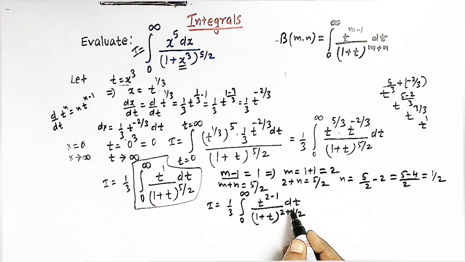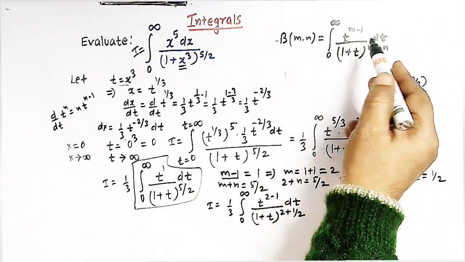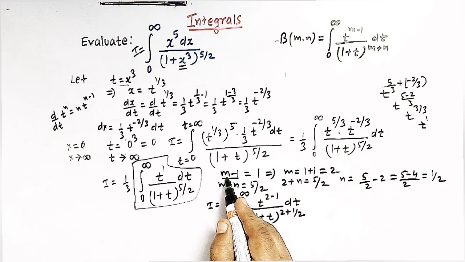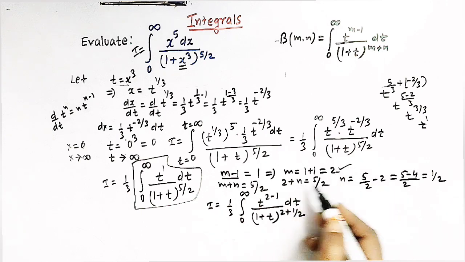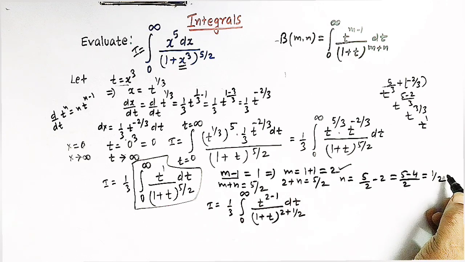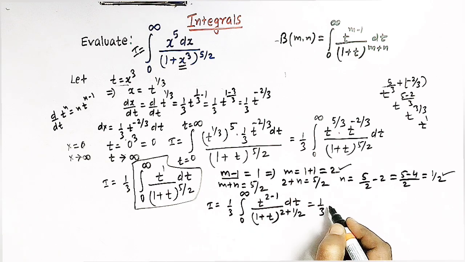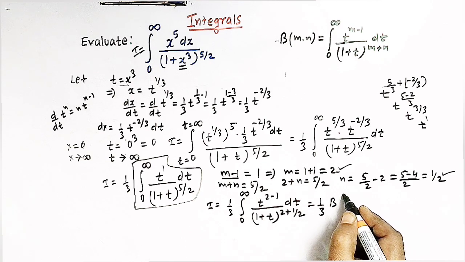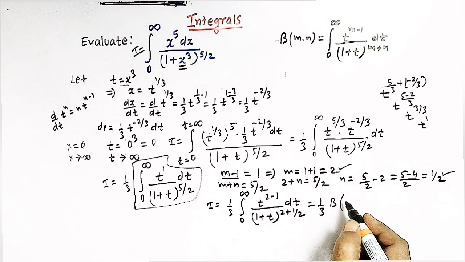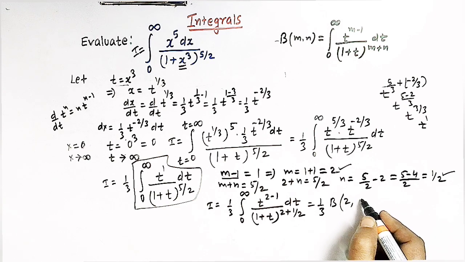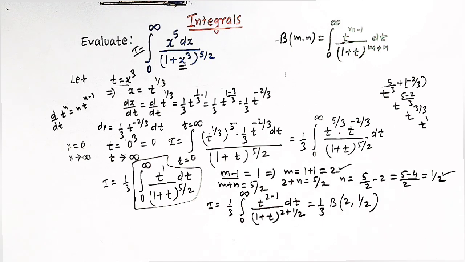Now this integral is exactly of this form. The value of m is 2 and the value of n is half, so this is our beta function. So we have 1 over 3 times the beta function of m comma n, where m is 2 and n is half.